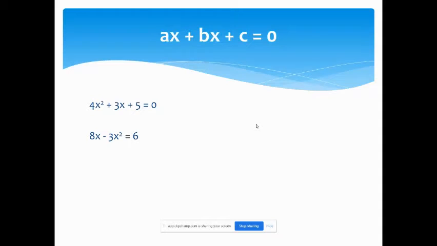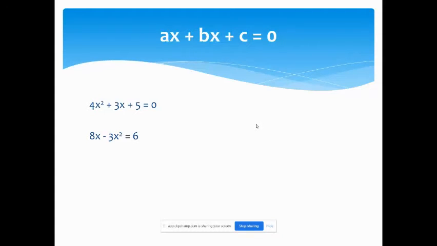Our goal is to make the other side of the equation 0, and we will not just transfer 6 to the other side because we have what we call our property of equation. What property would it be? Let's recall. We will be using the addition property of equality. To make the other side 0, what should we add to 6 to become 0? And that is negative 6.